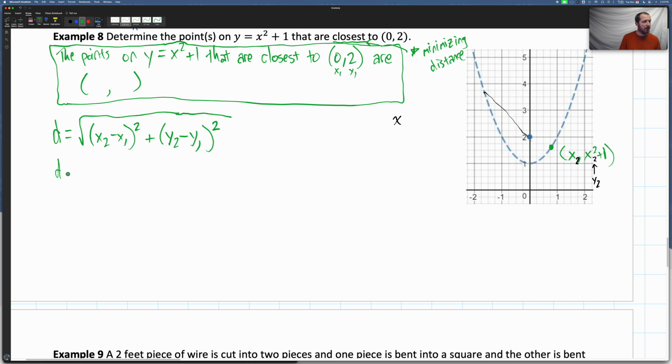Let's sub in our values here for D. We said x2 is just going to be x2. I think later we can replace that with x when that's the only variable. Minus our x1, which is 0 from that given point. Then y2, that's our x squared plus 1, minus our y1, which is 2.